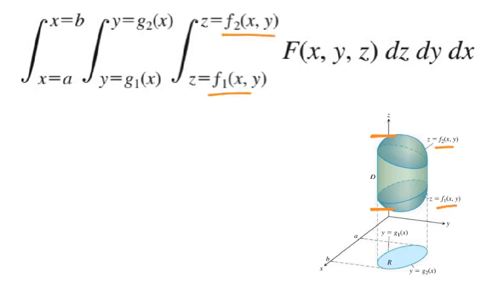Then we integrate with respect to y, so we get these bounds on the y-axis, which in this case are defined by two single variable functions, y in terms of x. And then our last step is to determine those x bounds, a and b. So this is the general setup for how we use Fubini's theorem with three variables.